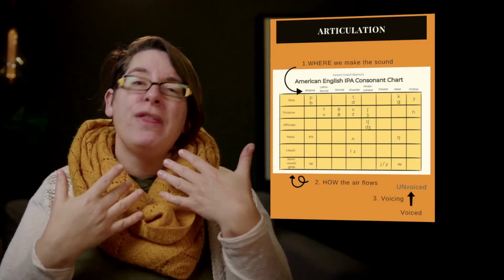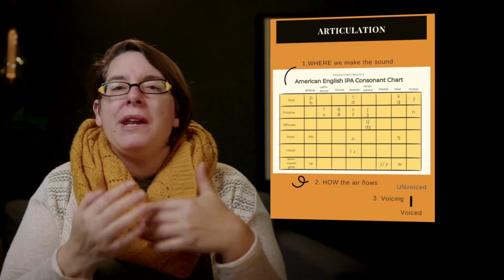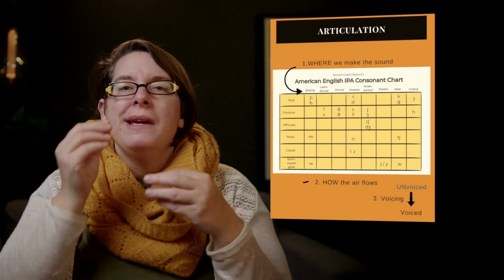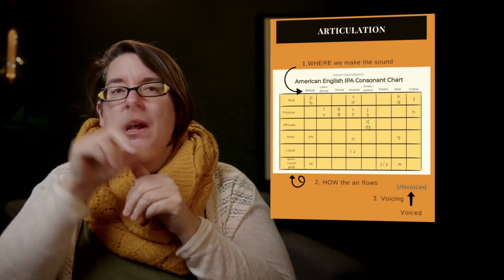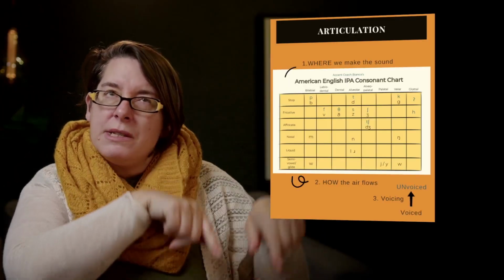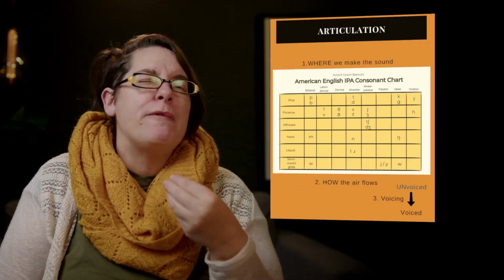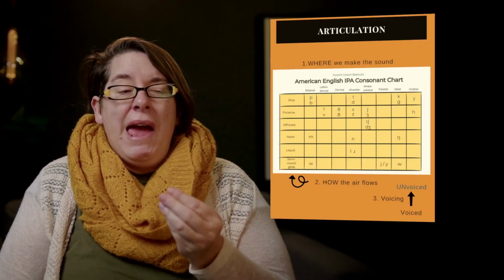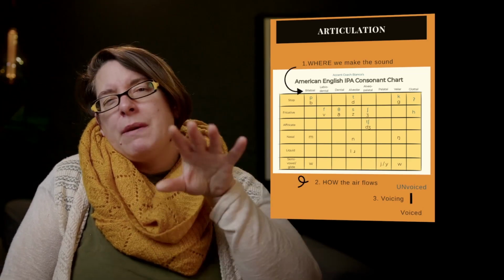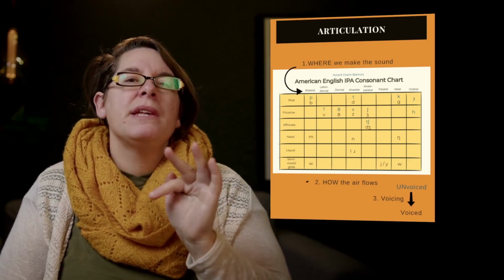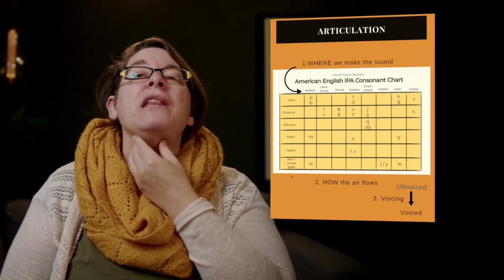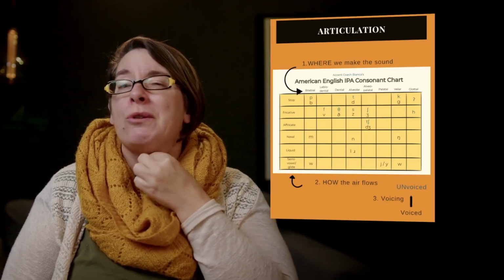Where in your mouth is that sound being created by your tongue interacting with some other part of your mouth. And then along the side, the column, that's what I'm doing with the air, how I'm forming and shaping the air. And then last but not least, you'll see I've got kind of a bluish color as well. That's when the sound is unvoiced, meaning there's no vibration in your vocal folds.